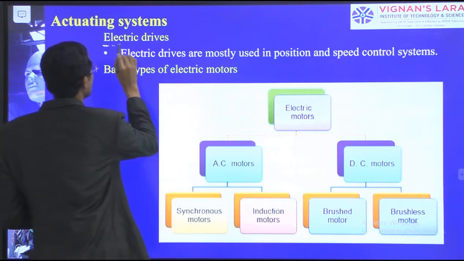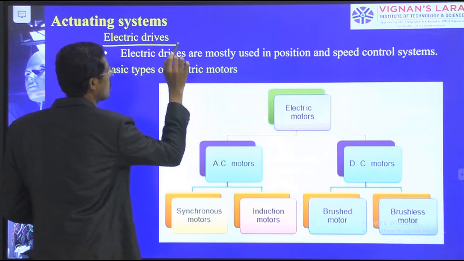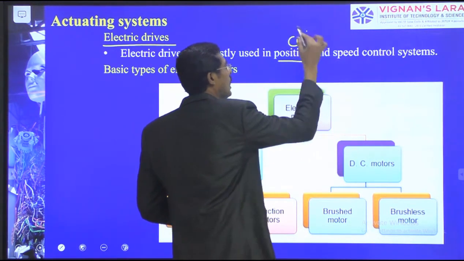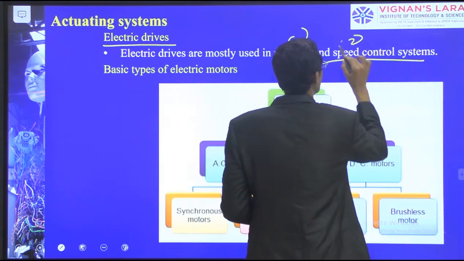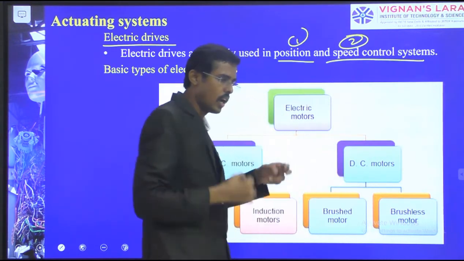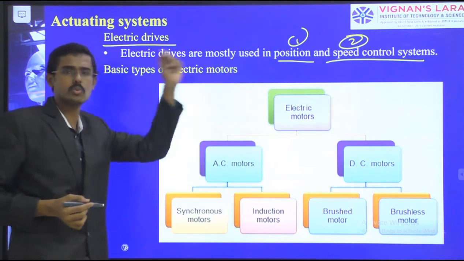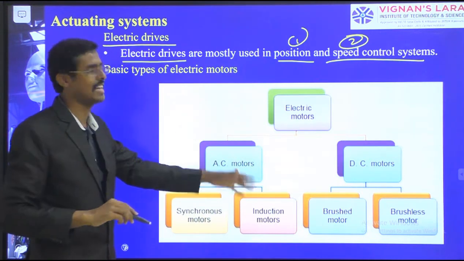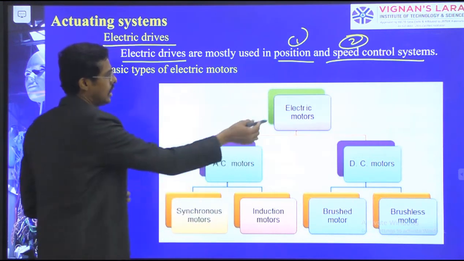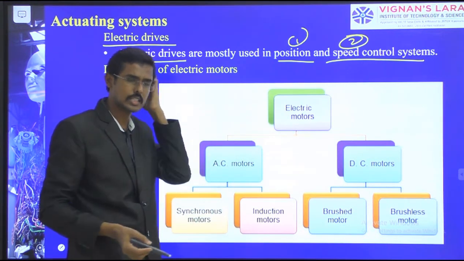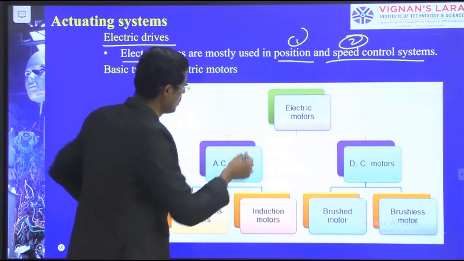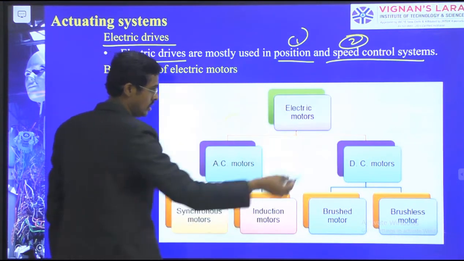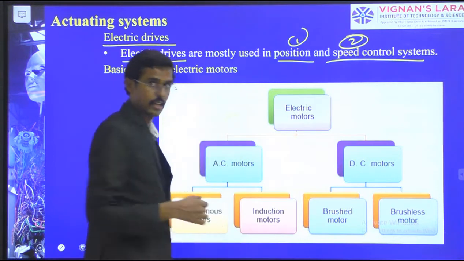Now we come to the division of these electrical drives. The electronic drives are mostly used in positioning and speed control systems: where it is to be and how fast it is to be. Those two concerns are controlled by these electronic drives. The basic classification I am doing: these electric motors are classified into 2 categories, AC motors, alternating current motors, and obviously direct current motors.